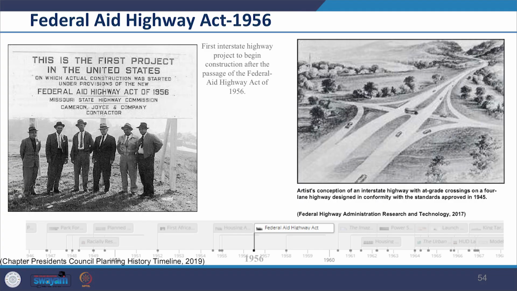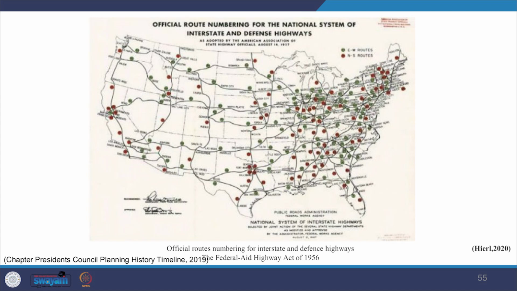Under the Act, 90% of the construction cost came from a highway trust fund, while states paid the remaining 10%. The Act contributed to an increase in driving by Americans as well as to the growth of suburbs and the decline of cities. So you had seen how we had car cities, car suburbs, and so on. So that was all interlinked with this.